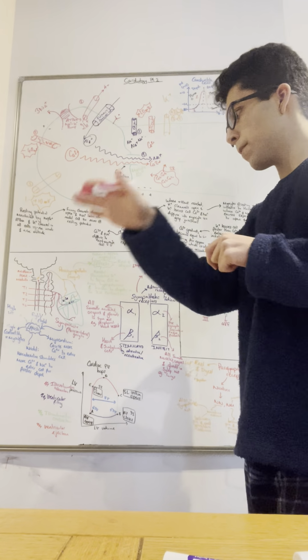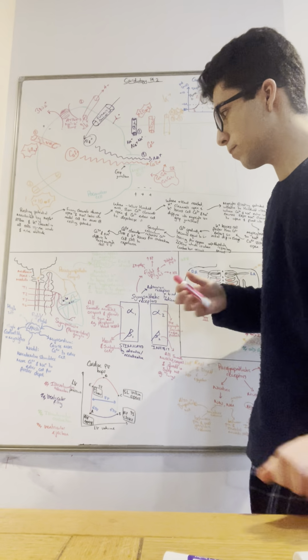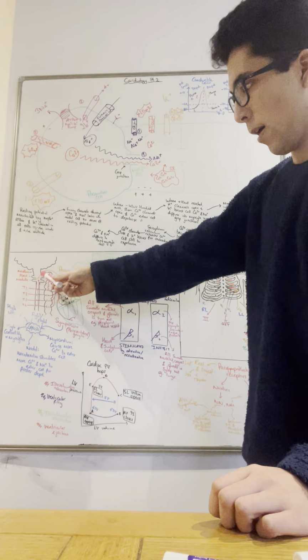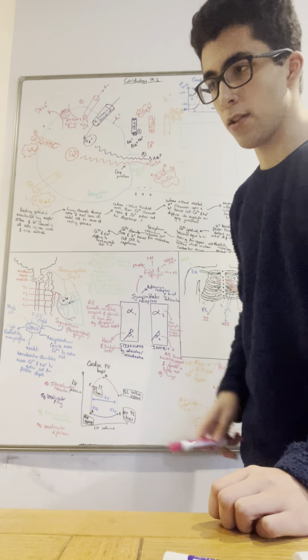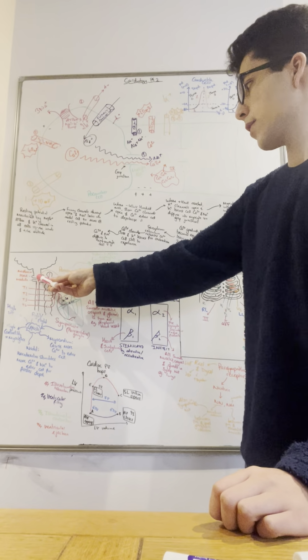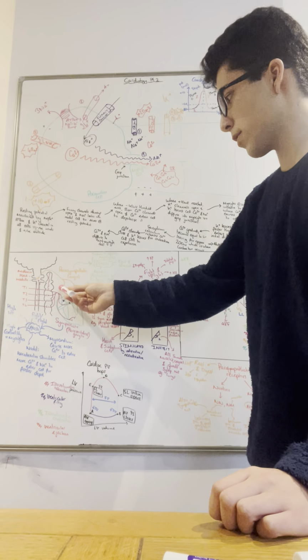So that's where their neurons will be released. So our presynaptic neuron, in this case for the heart, is the vagus nerve, which is a cranial nerve.